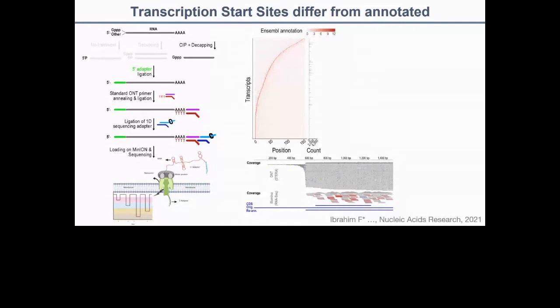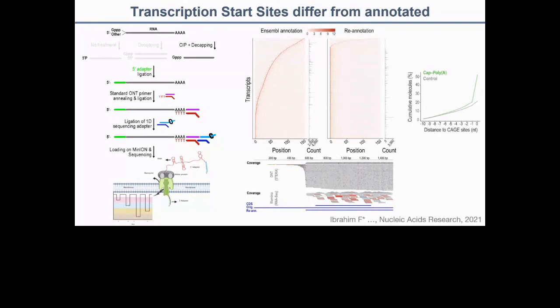Here, I just have one extreme case where you see that the annotation is over here on the left-hand side, and the data point us that the actual transcription start site is probably more than 500 nucleotides downstream of where the annotated end is. And there are only a few mRNA molecules that actually go all the way to the 5' end. And annotations tend to be a little bit sensitive on getting the furthest away that they see sequencing reach, probably. But that doesn't represent the actual state of the RNA in cells, right?